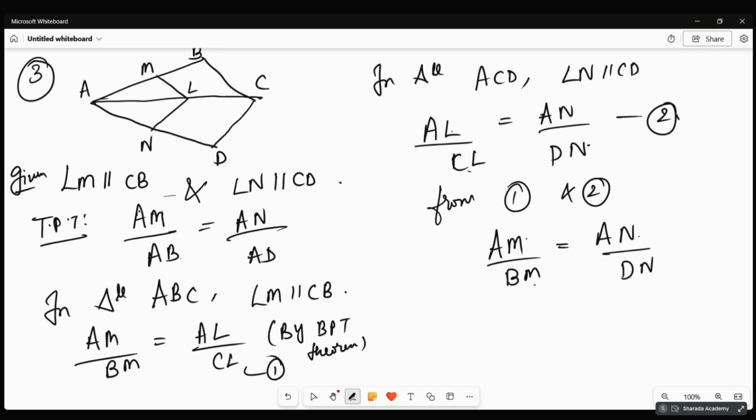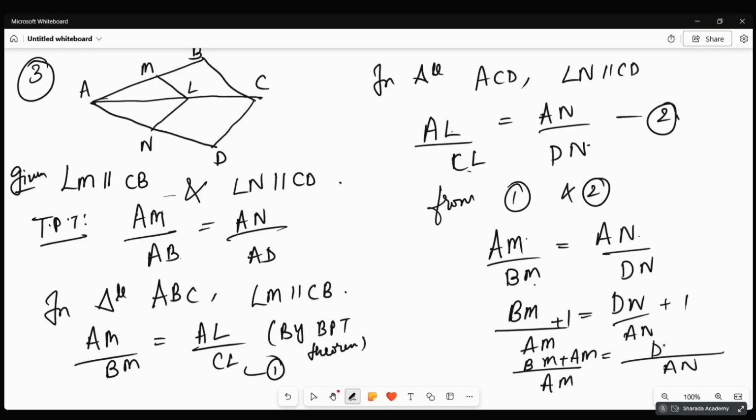Now we have proved, but we need AM by AB is equal to AN by AD. I need AM, no? So keep that in the denominator. Take the reciprocal: BM by AM is equal to DN by AN. Now add 1 on both the sides. Take the LCM: BM plus AM by AM is equal to DN plus AN by AN. BM plus AM is AB, so we will get AB by AM.